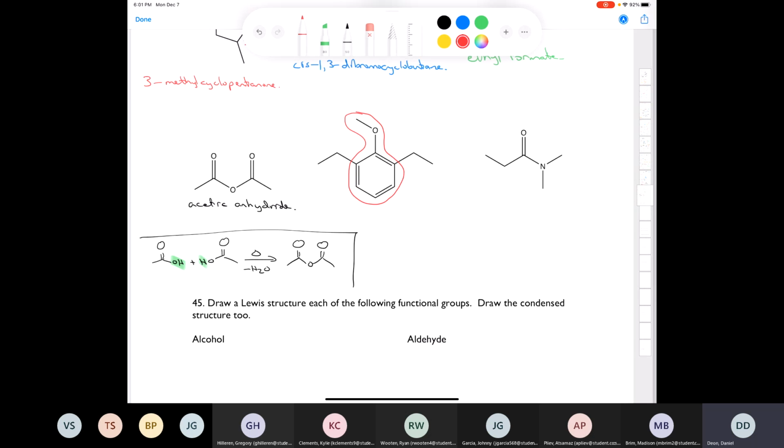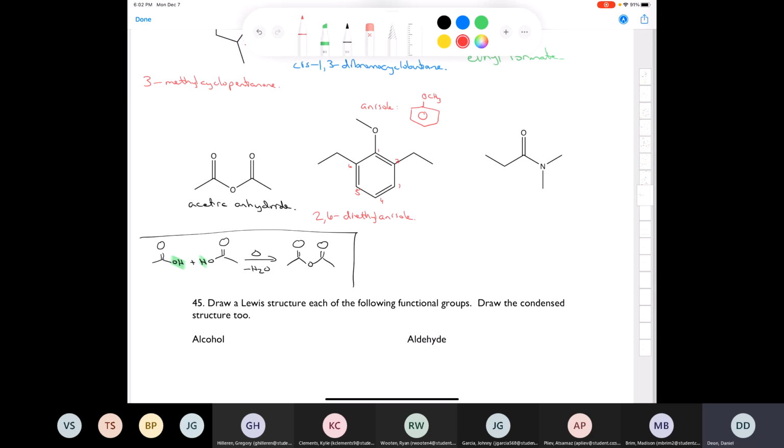What I have circled in red. Does anybody remember anisole? Anisole, right? There's a benzene ring with a methoxy group on it. Okay, anyhow, that's what that is. That's anisole. And so this would be our first carbon. 1, 2, 3, 4, 5, 6. And so this would be 2,6-diethyl anisole.